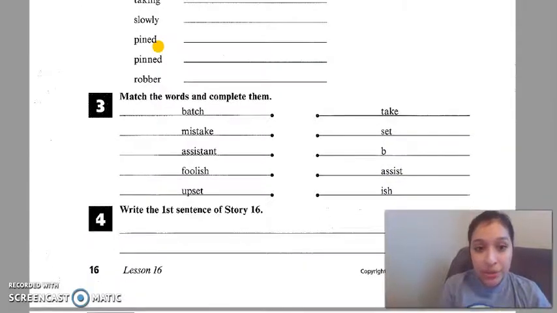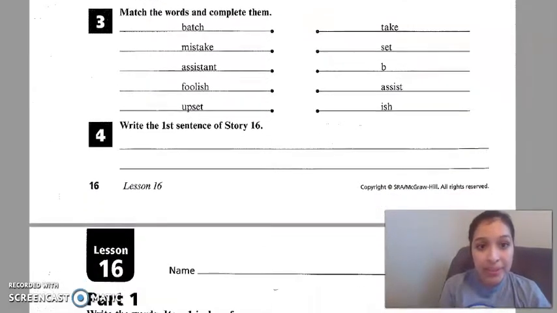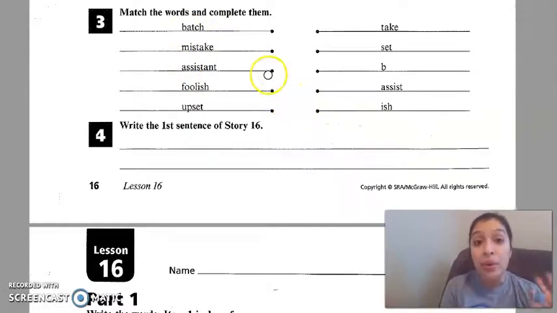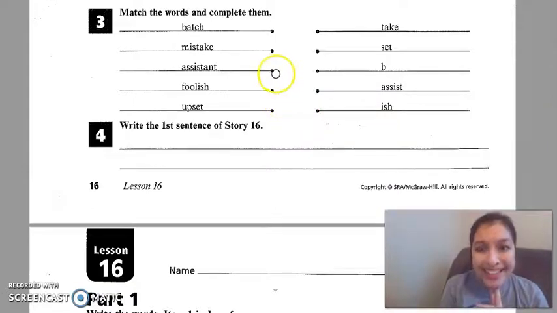Now I also noticed, my friend, that on part 3, we have to make sure that we're matching the words. You guys are doing awesome on that, but you are also writing the whole word. So let's look for assistant. What word? So find assistant, and I want you to think on this side, where should assistant match with what part?